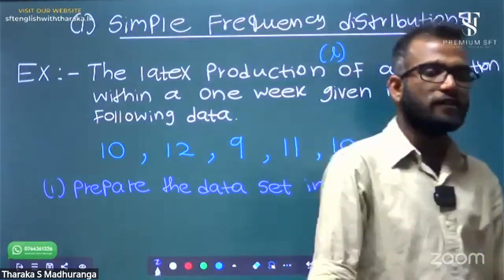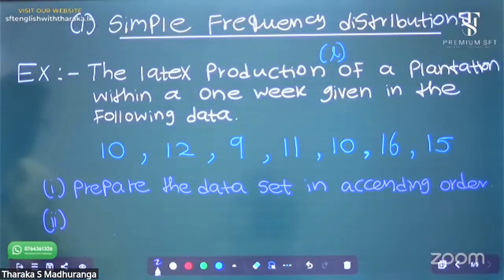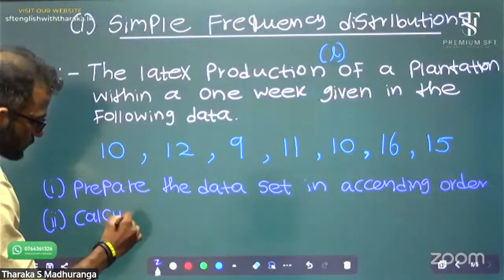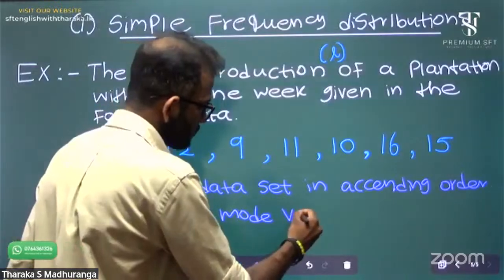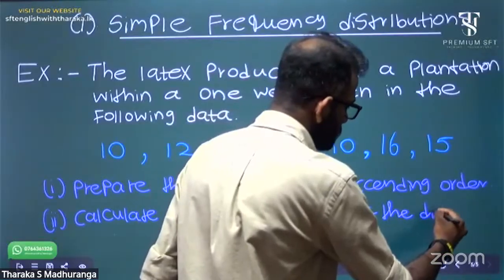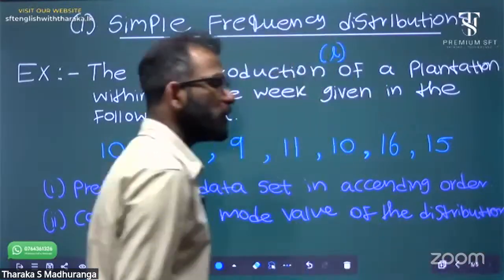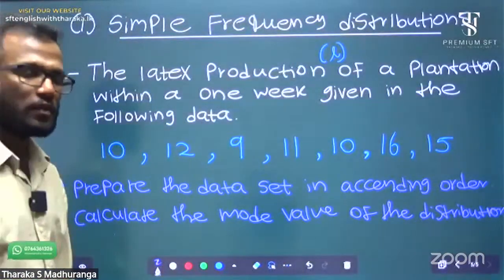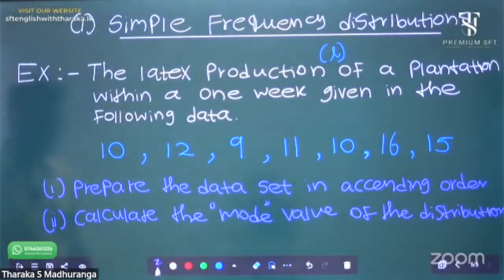The second one: calculate the mode value of the distribution. Mode, M-O-D-E, mode value of the distribution.